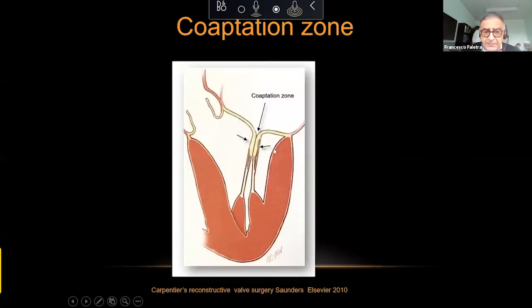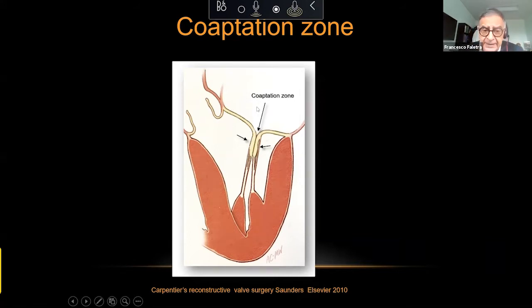And this is important because, as you can see here, the coaptation zone reduces the stress on the chordae tendineae, because both stresses are reduced by the coaptation of the leaflets. So if you have a kind of curve configuration of the anterior leaflet in this zone, it doesn't matter.